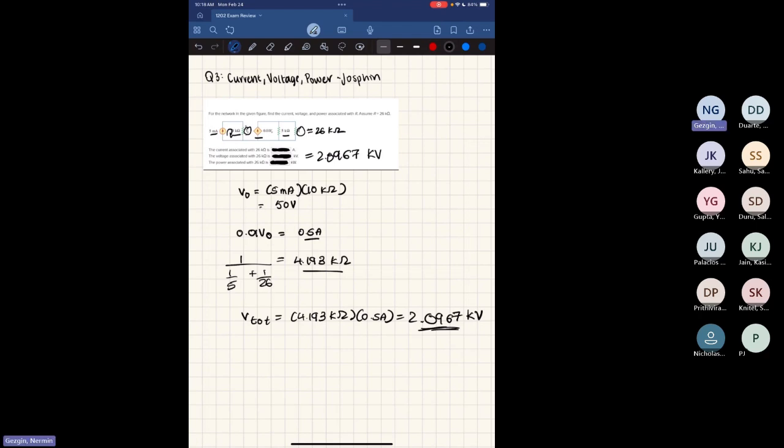Now to find the current, we can again just use Ohm's law because we have the voltage and we have the resistance, which is 26 kilo ohms. So solving for I, we should get 0.0806 amps.